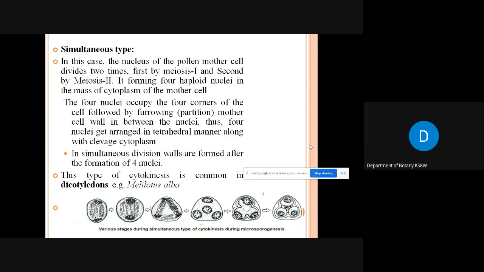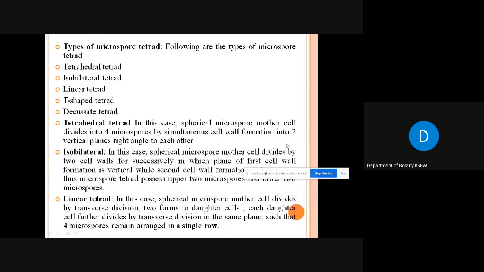All 4 nuclei occupy the 4 corners of the cell, followed by the formation of the partition wall or the furrowing of the mother cell wall in between these nuclei. So we have 4 of these. There is the furrowing, so the wall layers are formed at the same time. That is called the simultaneous type.